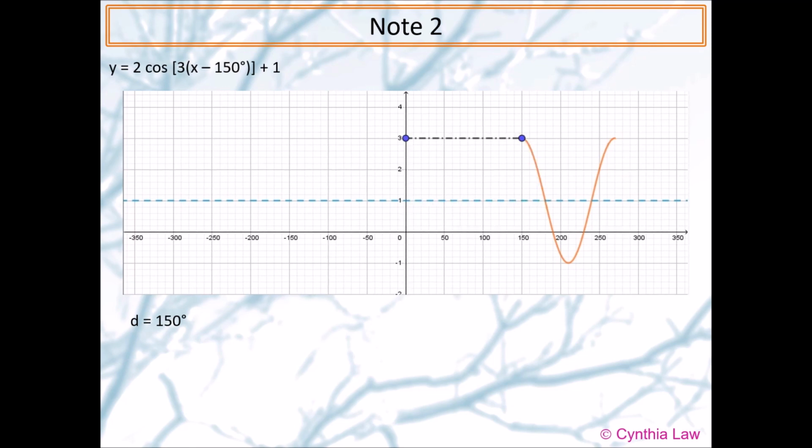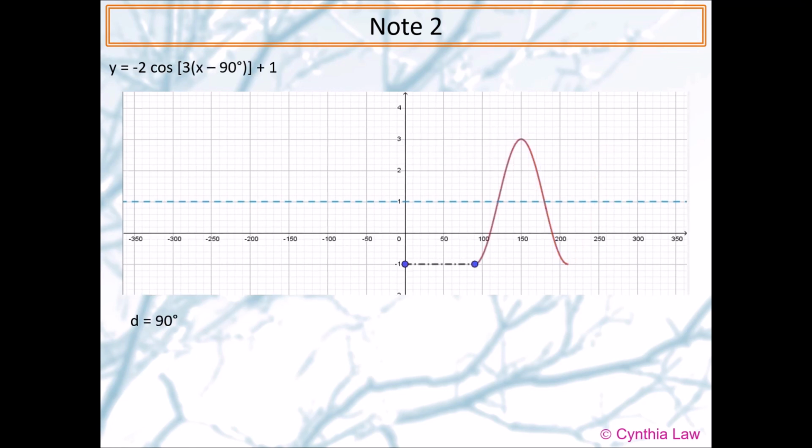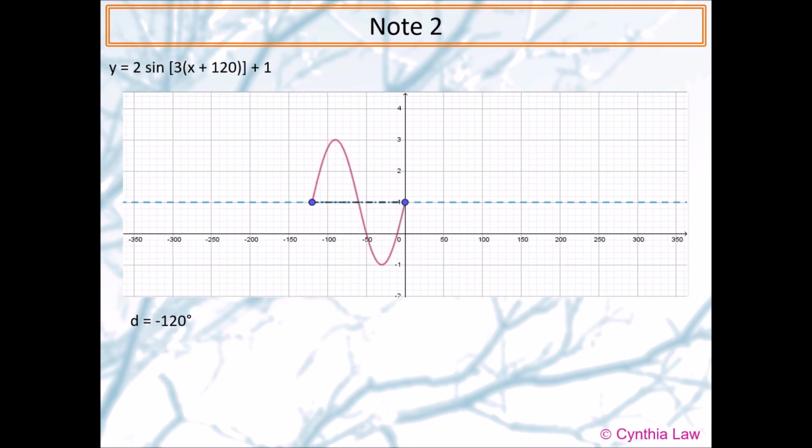If I look at the positive cosine function that is shifted one cycle to the right, now d is 150 degrees. We can see it clearly from the graph. And then if I use a negative cosine function, then you can see that it is a 90 degrees shift to the right. I can also shift them to the left.